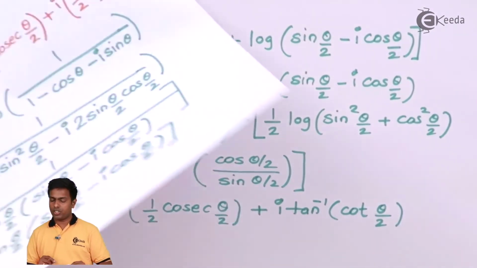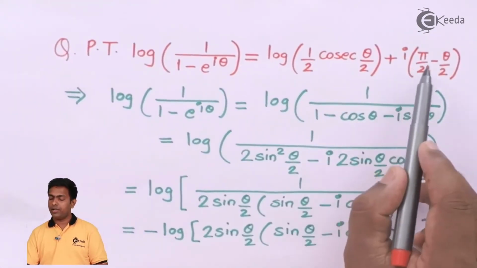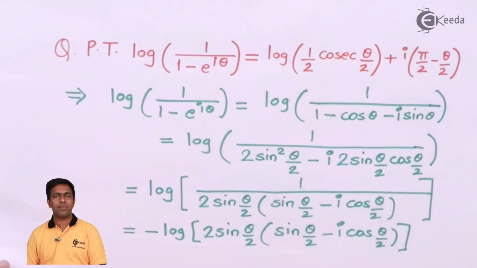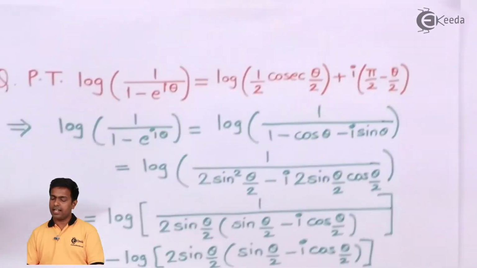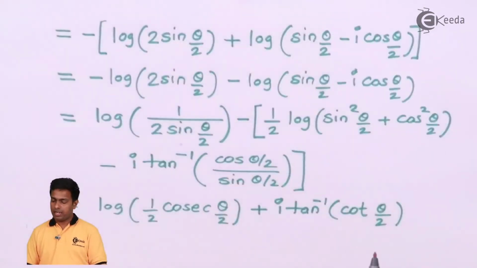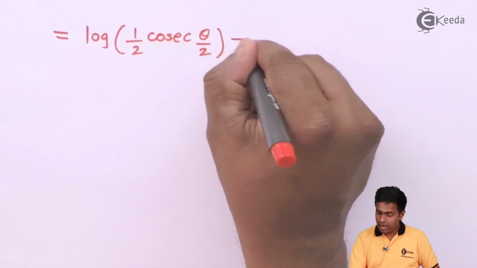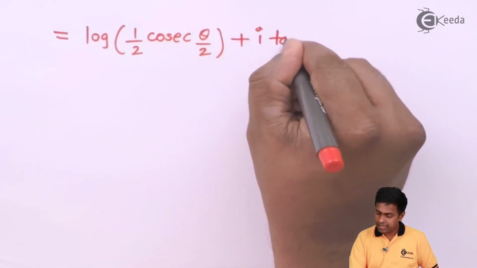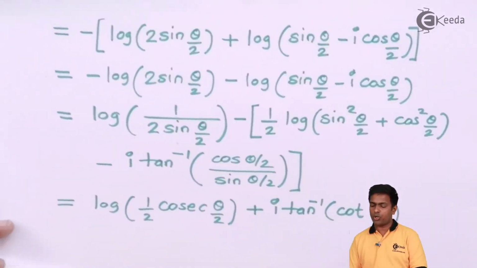Now let's see the question. In the question we want the answer as I into pi by 2 minus theta by 2. The first term we already got. Now to get this answer, I'll convert this cot into tan, so that tan inverse and tan will cancel. First term as it is, and here I tan inverse of cot theta by 2.